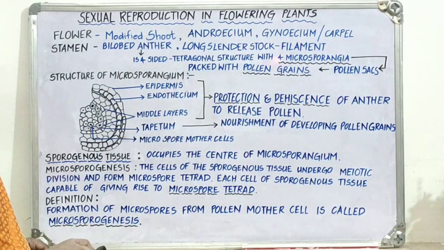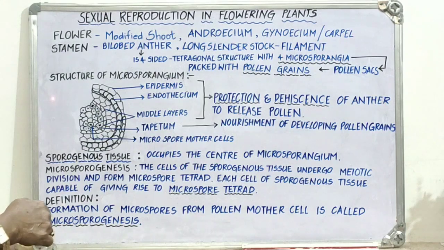So you might be thinking, what is this 4 microsporangia? Microsporangia are said to be the pollen sacs. So the 4 microsporangia develop into pollen sacs, and the pollen sacs are packed with pollen grains. Is it clear, students? It is very important. Pollen grains are the male gametes.